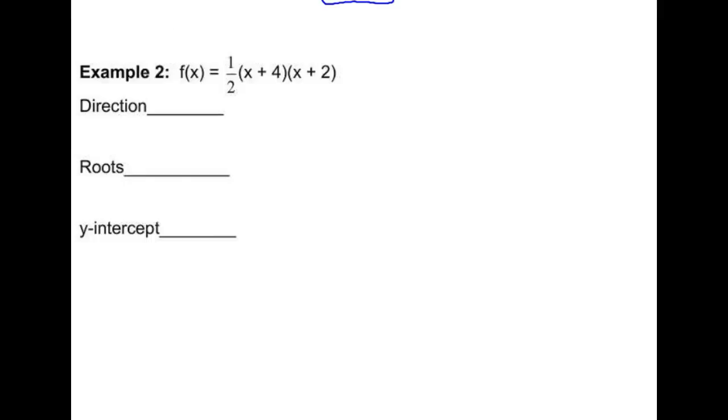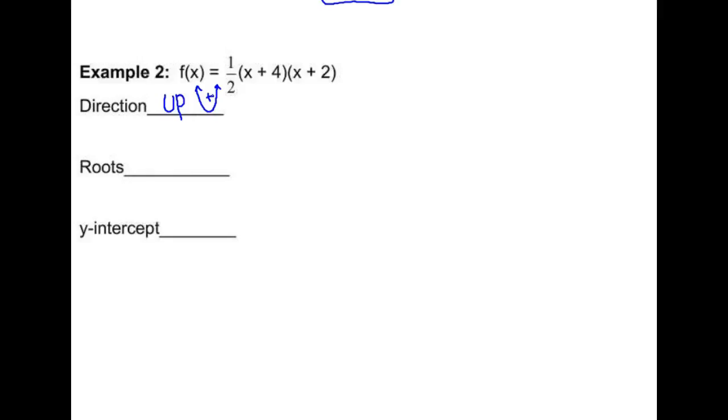Okay, example number 2, same process. What we're going to do is fill in the blanks. Since 1/2 is positive, the direction of the parabola is up. So what that means is your parabola is going to look something like that because the first term, a, is positive.